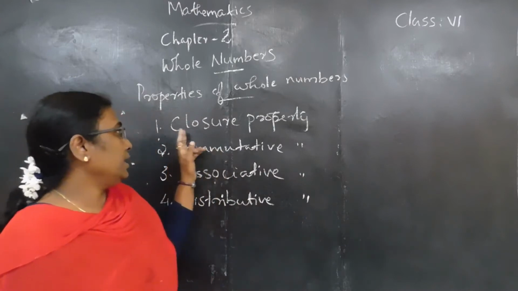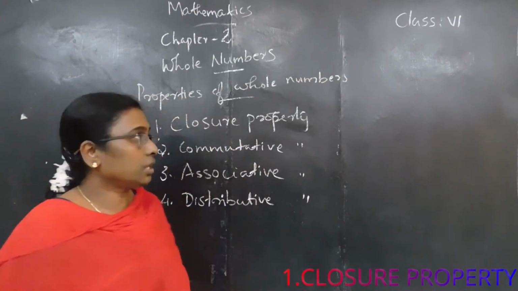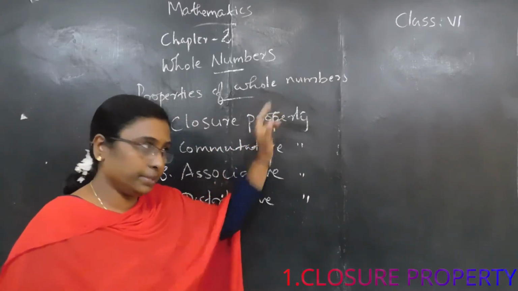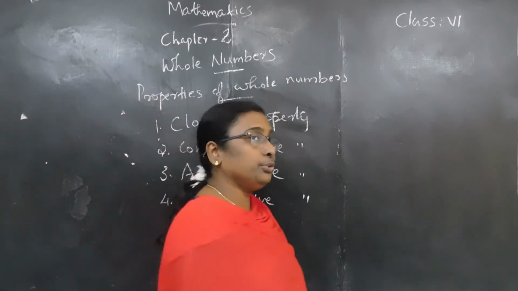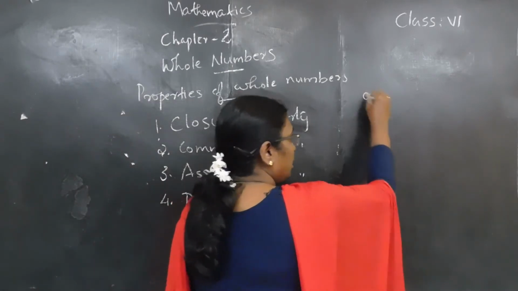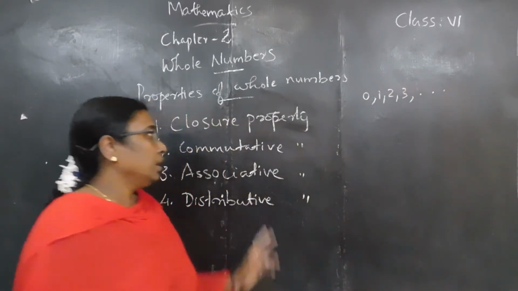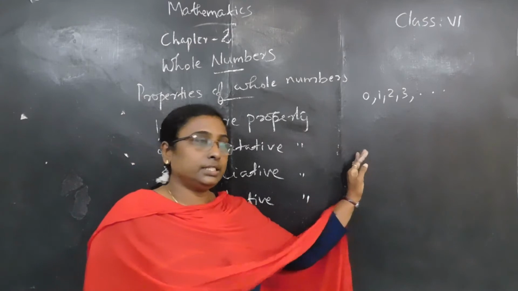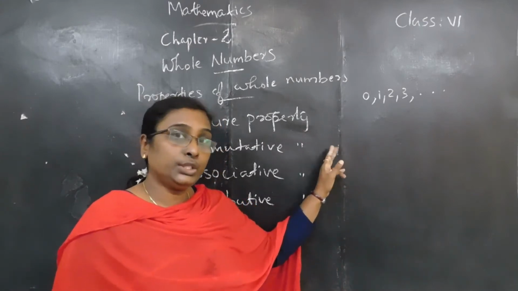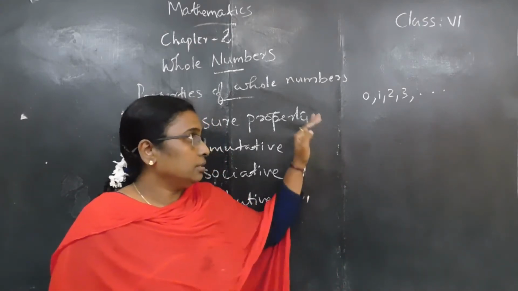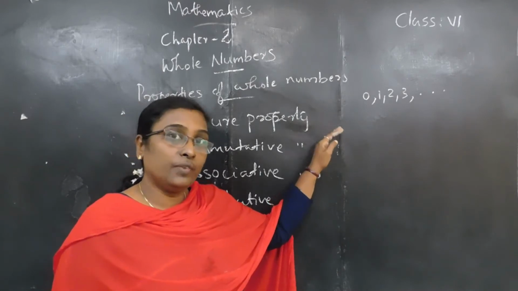Okay. First one is closure property. Closure property for whole numbers. You know whole numbers. Whole numbers are 0, 1, 2, 3, etc. Closure property states that if we add any two whole numbers, the result is always a whole number.